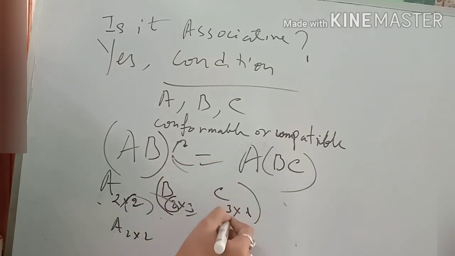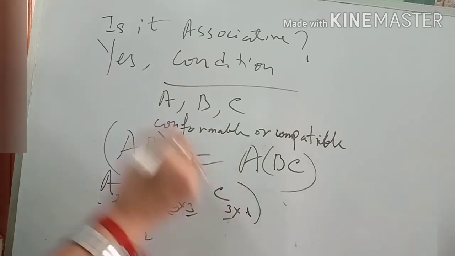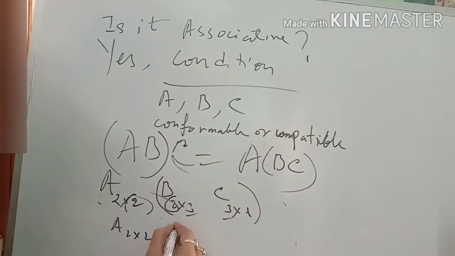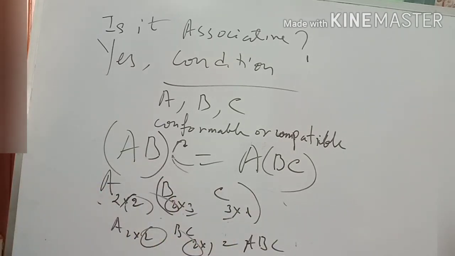Number of columns of B equals number of rows of C. So the product BC will be of the form 2 cross 1. Number of columns of A equals number of rows of BC. So obviously the answer ABC will be of the form 2 cross 1. Visible? Fine. Done?